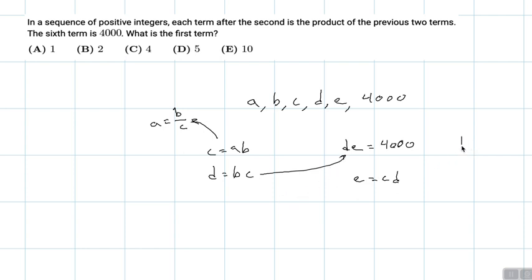So from there, BCE is equal to 4,000. Let me see if I notice a pattern with this.